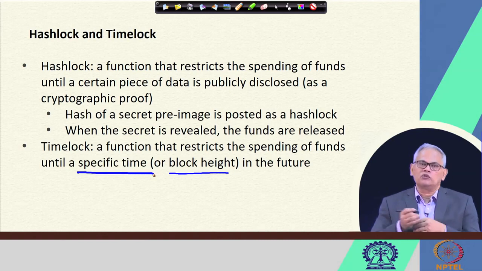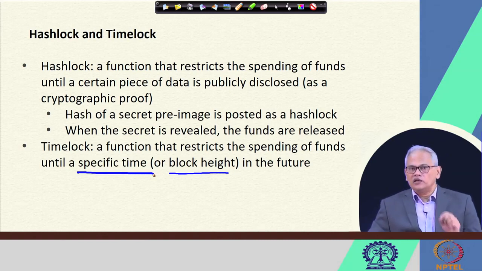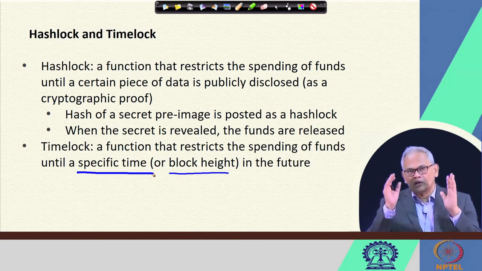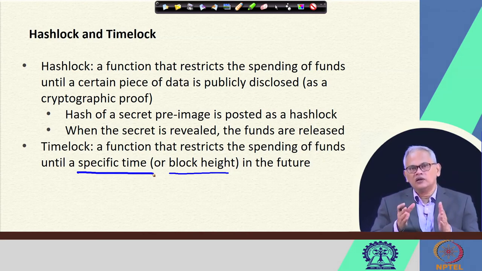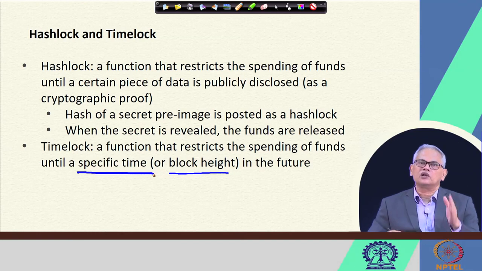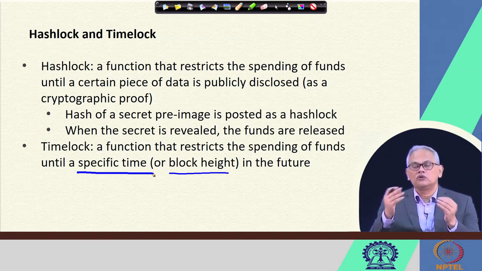That means the recipient will not be able to claim that amount. I can put this condition that the fund can be used only after the specified time has been reached, and hash lock ensures that till the pre-image is revealed, this currency cannot be used or claimed by the recipient.